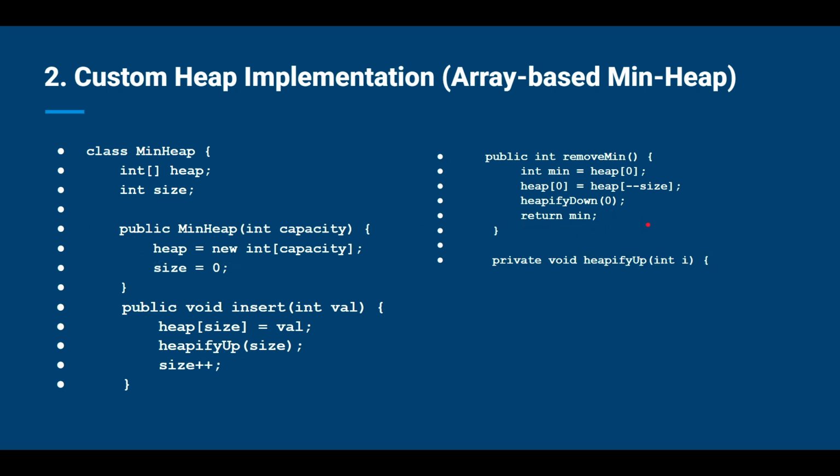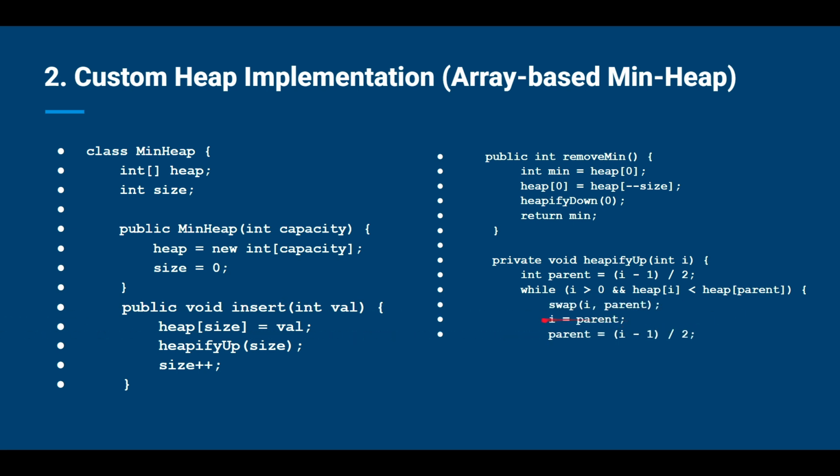Similarly you will do heapify up. In that case you will pass i, and you need to find the parent of i, like this: (i minus 1) by 2. And then check whether heap at i is less than the heap at parent.